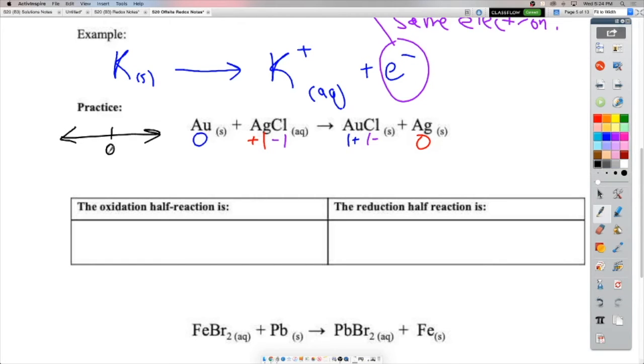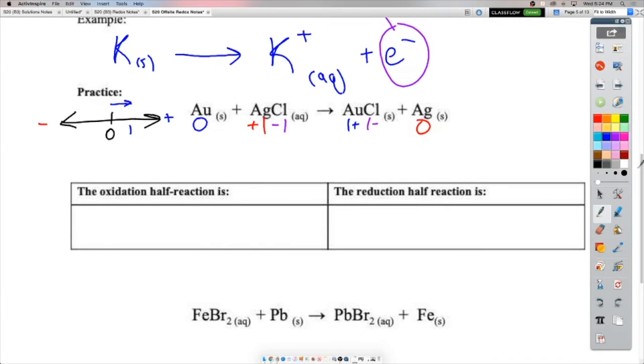So that is getting away from the negative numbers, right? Going from 0 to 1 plus, that's going away from the negative numbers down here and towards the positive numbers up here. So it's getting less negative. Okay, to get less negative, you have to lose electrons. And as we know, losing electrons, LEO, is oxidation. So the thing that was oxidized is gold.